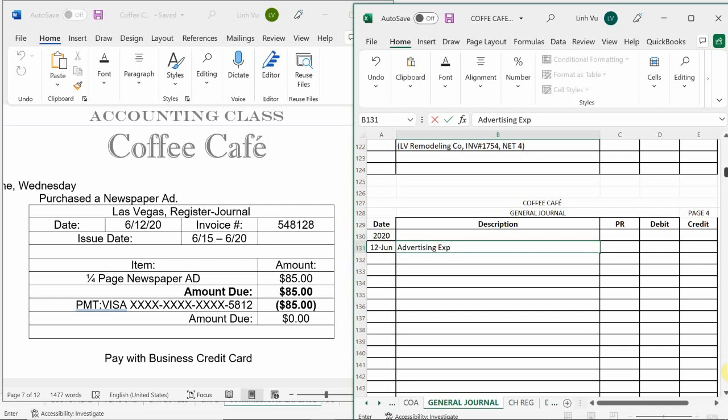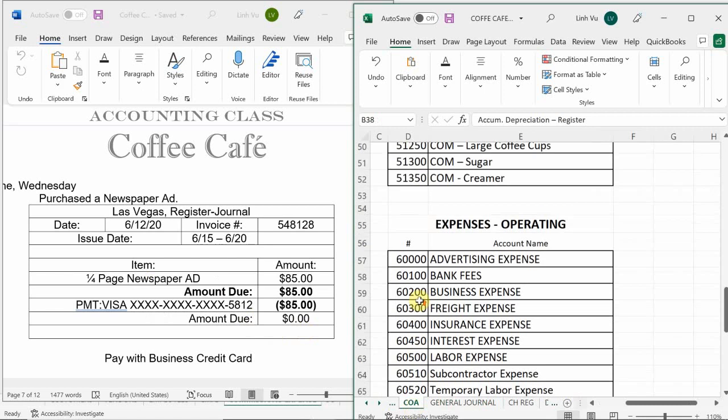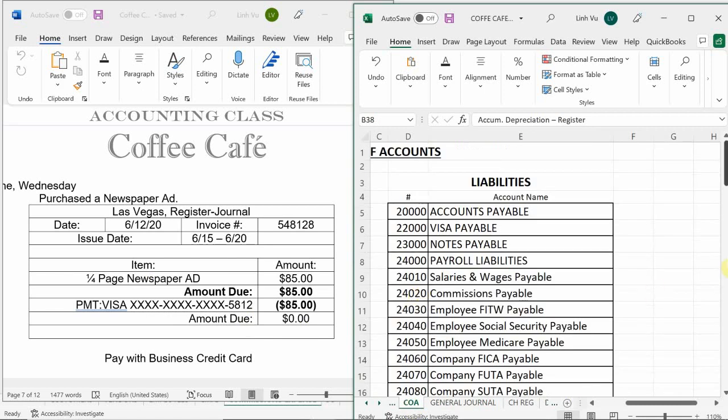Advertising expense. Okay. And how did I pay? How did I pay? Visa credit card. So what account is a Visa credit card to me?